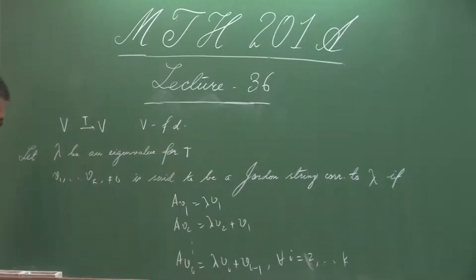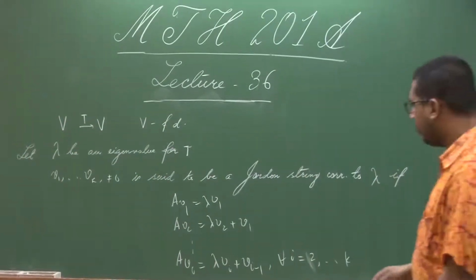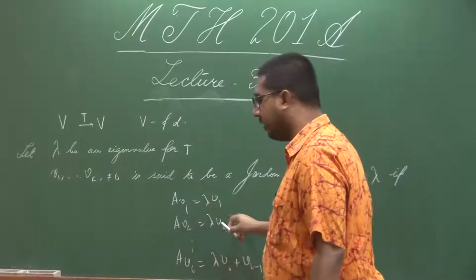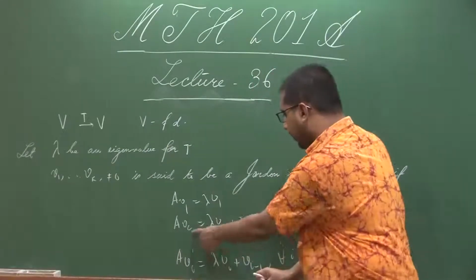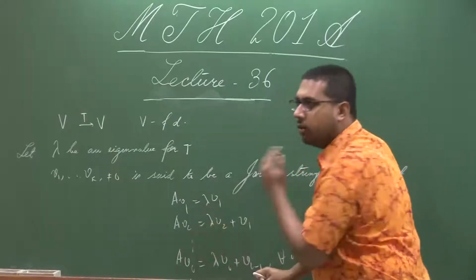So try to understand that the first vector is an eigenvector, and the second vector v2 is being mapped to lambda times v2 plus v1, and the same pattern goes on.